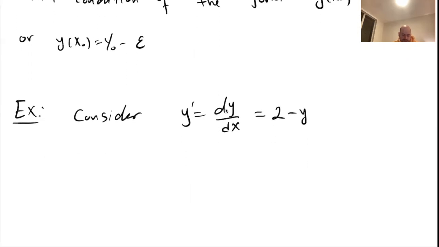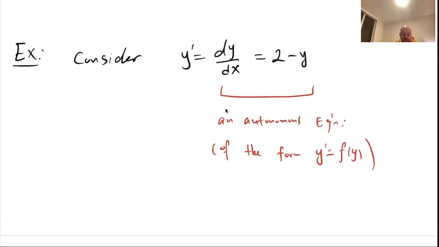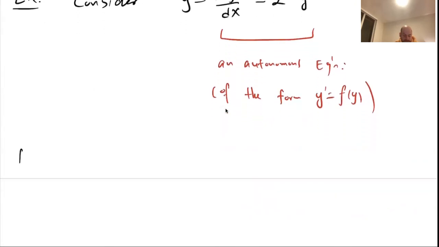So this is an autonomous equation, because it's of the form y prime equals f of y. Now let's find the critical points first, the critical points for this equation.